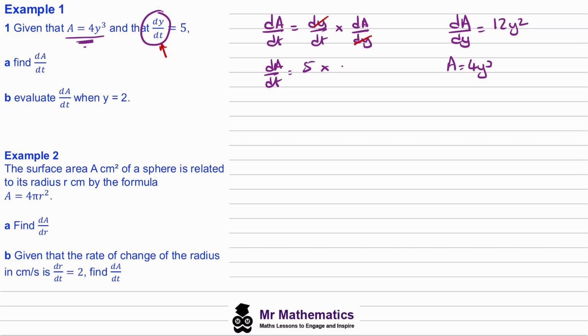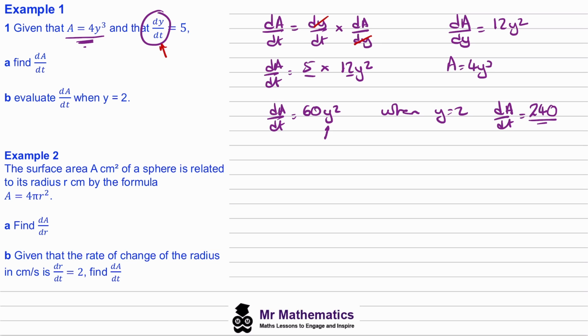So we can substitute this back into here. We get 12y squared, so dA by dt will be 5 times 12y squared. And when y equals 2, we'll substitute the 2 in place of y. 2 squared is 4, times that by 60, so we'll get 240.